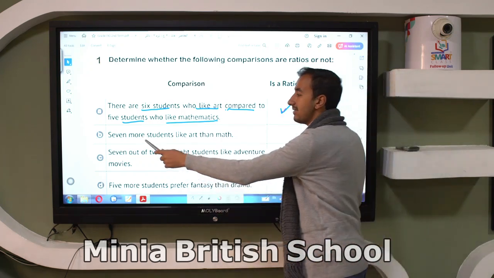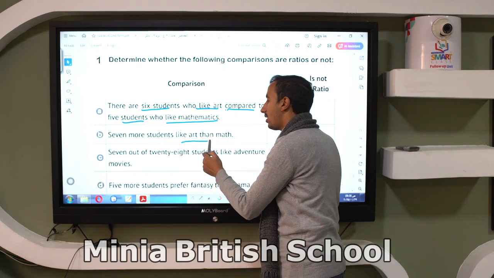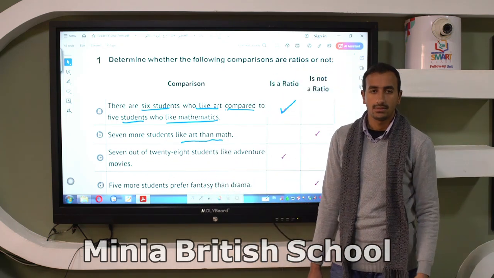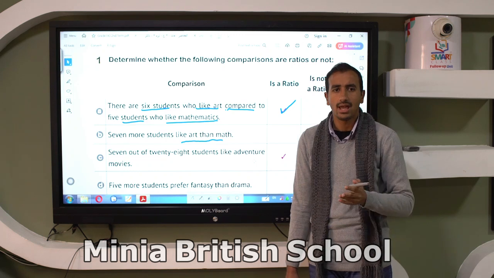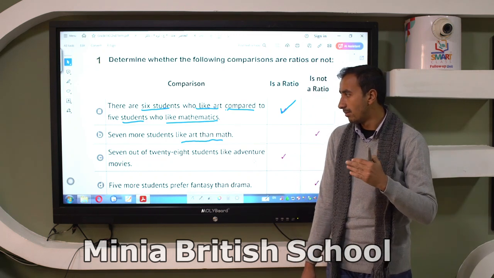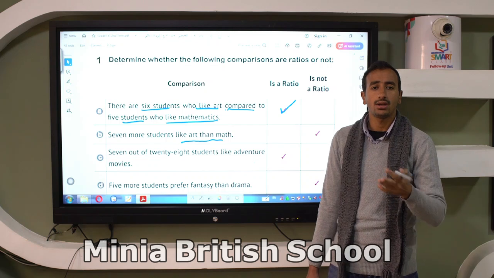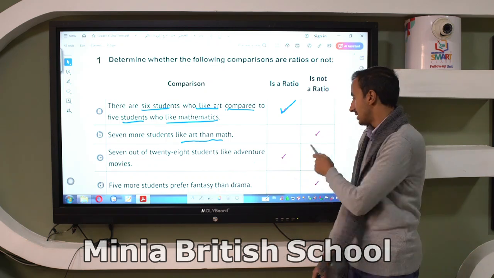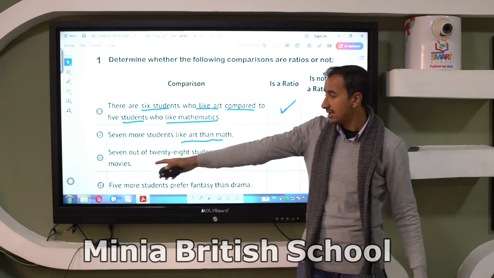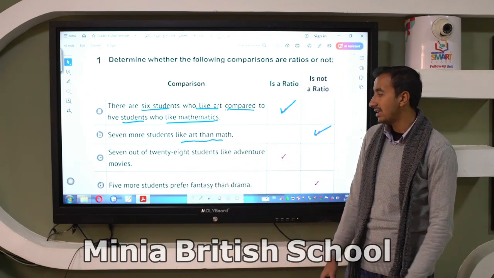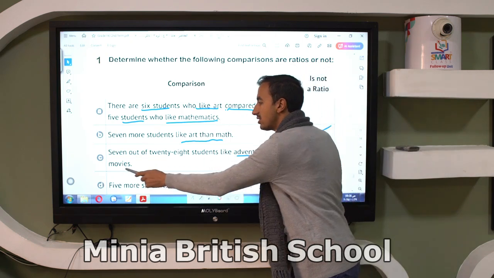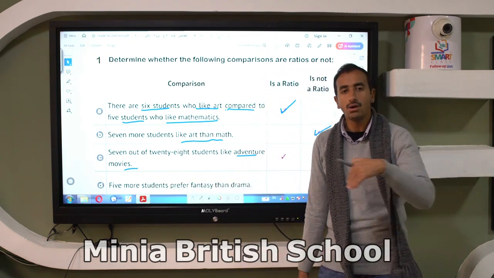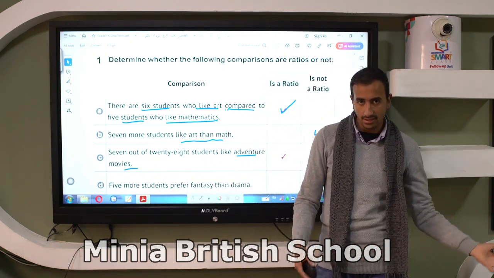But here, 7 more students like art than math. Is it a ratio? No. Seven more students like art than math is not comparing between two items. It's not a ratio. Here, 7 out of 28 students like the Avengers movie. 7 out of 28, 7 to 28.